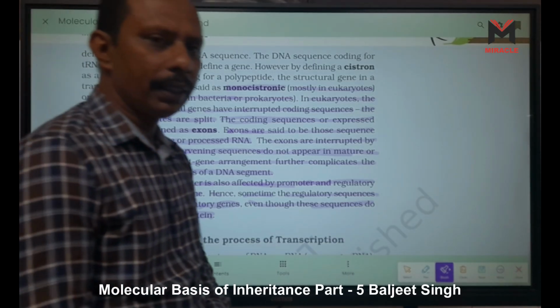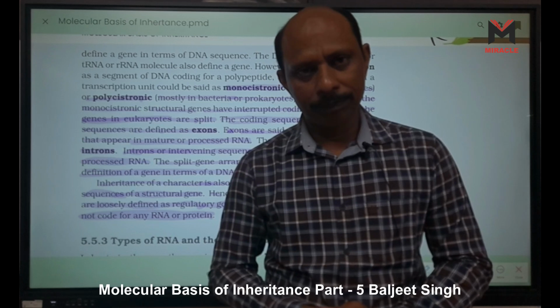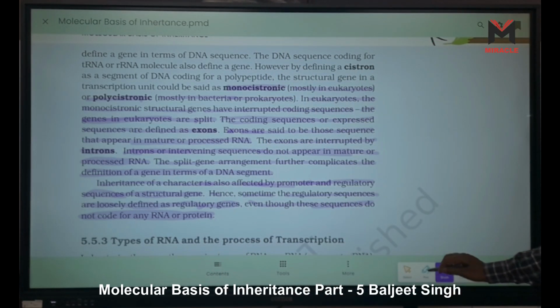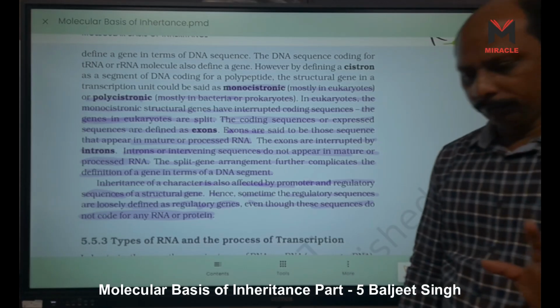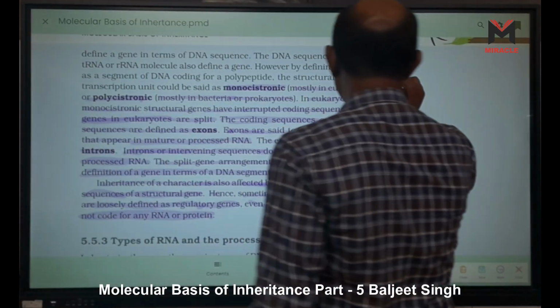That's why, what is a gene? When we use DNA, it is not very correct, right? So you understand we have two types of genes, and also two types of messenger RNA.